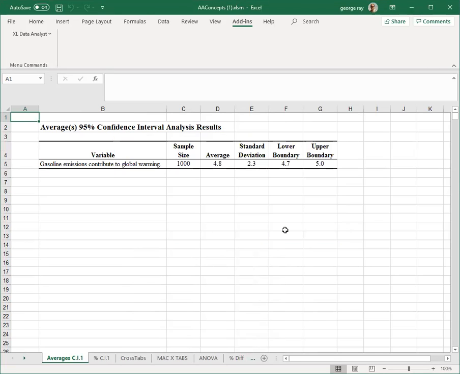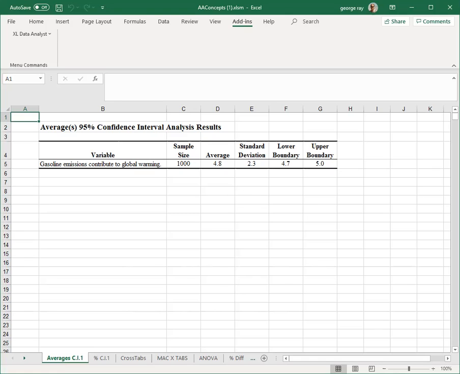And we get an average of 4.8, with a standard deviation of 2.3. So if we calculate our limits and subtract them from the average, we find that between 4.7 and 5 of the overall population would agree with that particular statement.